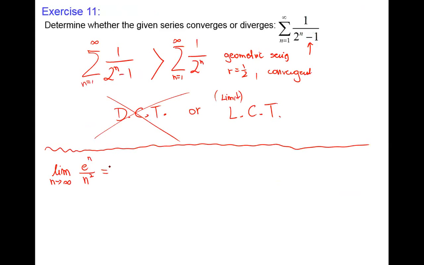Can you tell me what this limit is? Do you remember the growth rate? The function e to the n goes to infinity much faster. That means if the numerator is winning, it's always infinity. And why? Because this grows faster than the power function.